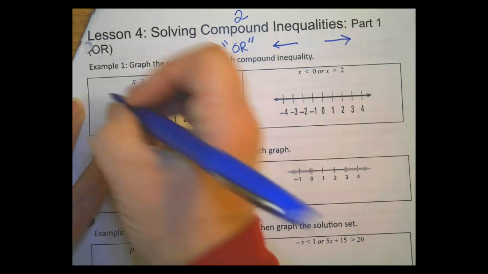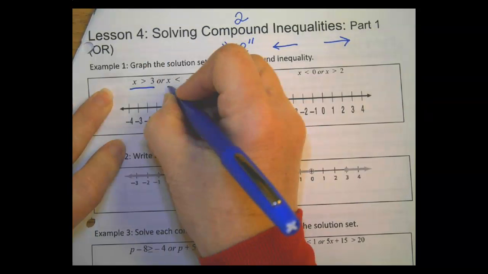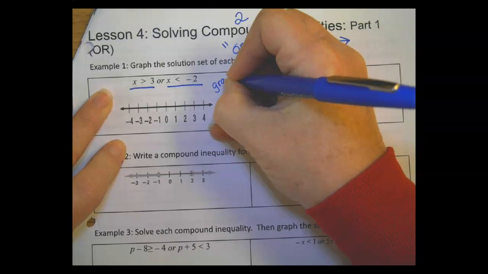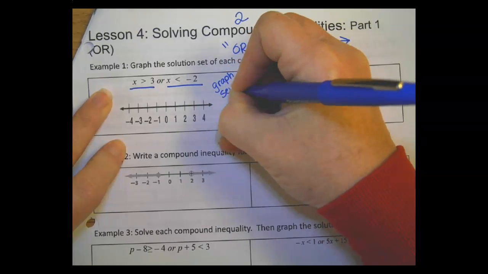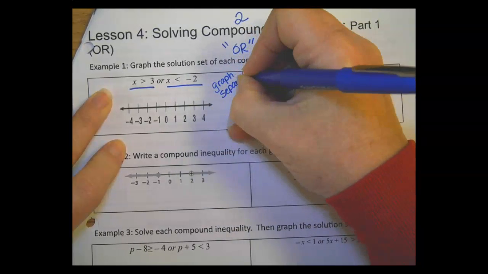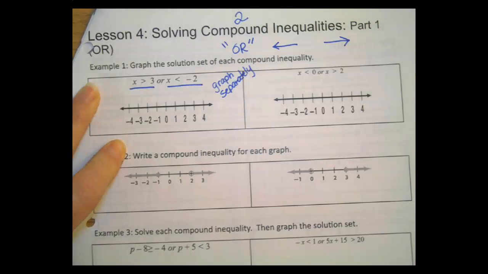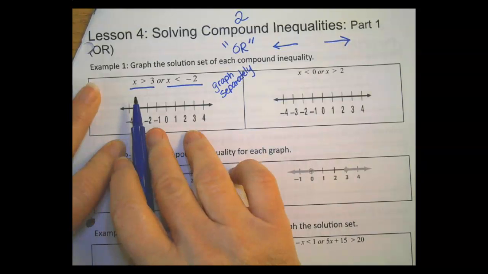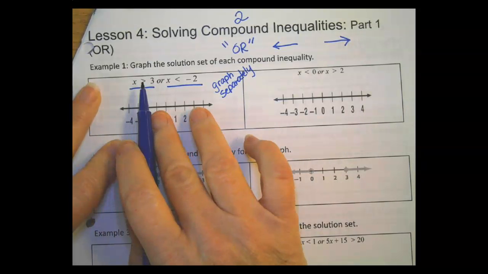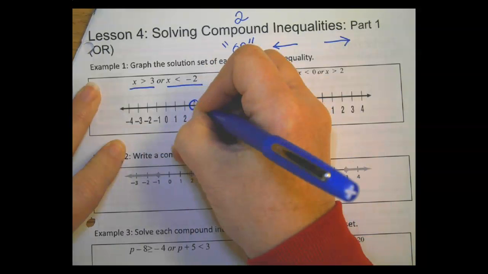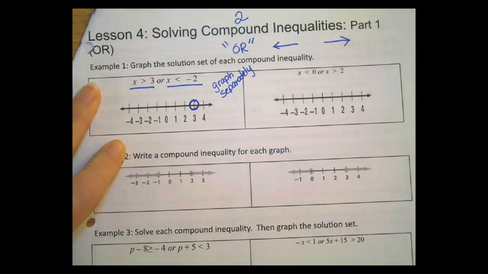So I'm going to graph these separately. Like I said, two graphs. Okay, so the first one says that my x values are greater than 3. So I'm going to put an open dot on 3 because it's not equal to.